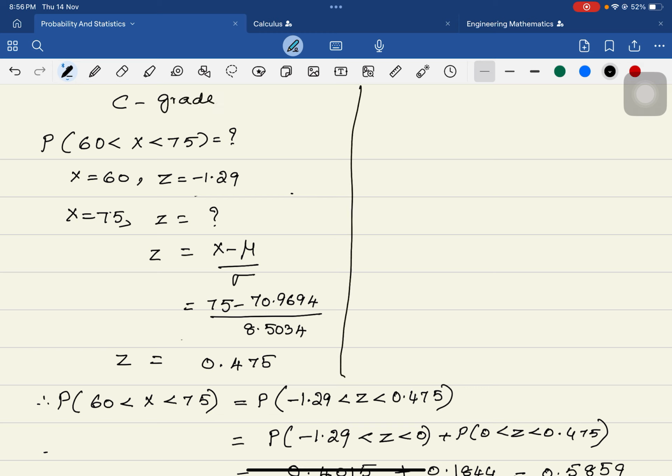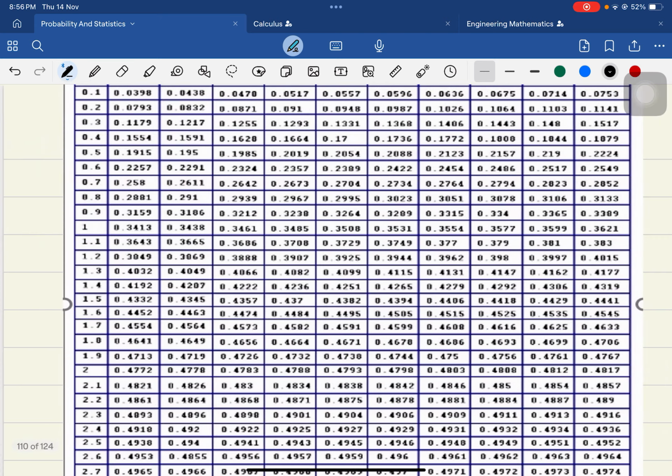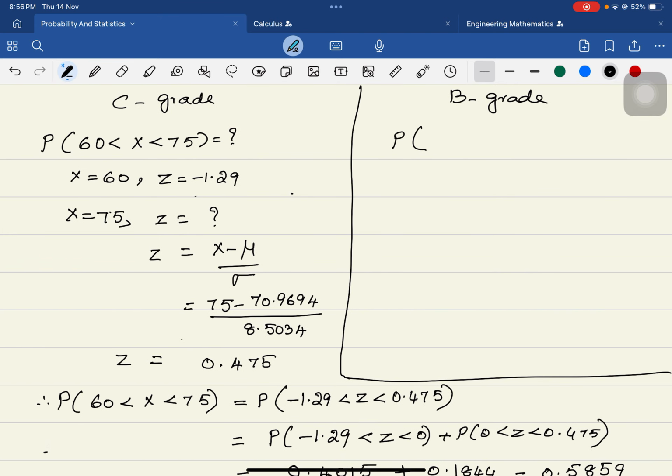Let us now calculate how much is covered by B grade. What do you mean by B grade? B grade is 75 and 85. So, the probability of X lies between 75 and 85 is how much? Now, if X is equal to 75, what is the corresponding value of Z?